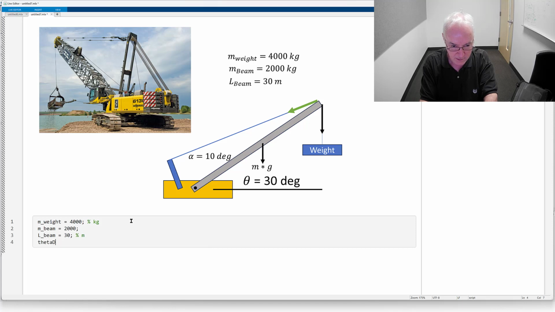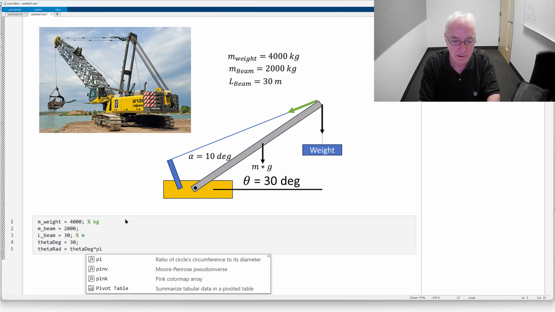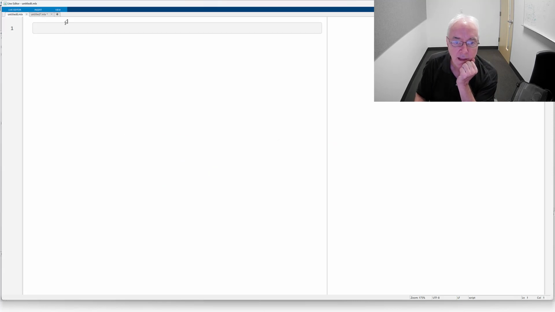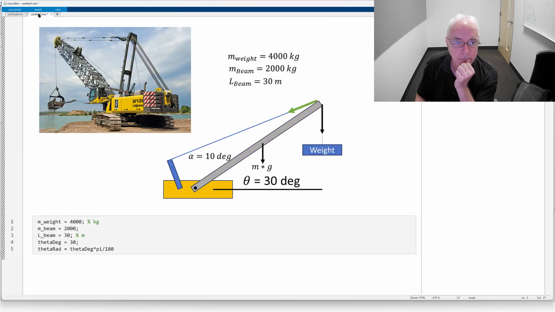Theta in degrees will be equal to 30. And our first calculation will be theta in radians equal to theta times pi divided by 180.